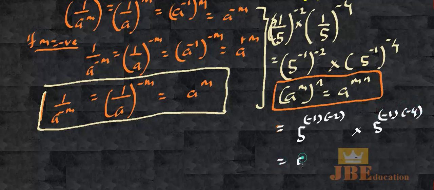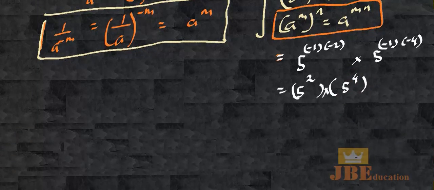Now this would be equal to negative 1 multiplied with negative 2 would give me positive 2, which is in turn multiplied with 5 raised to the power negative 1 multiplied with negative 4 would give me positive 4.